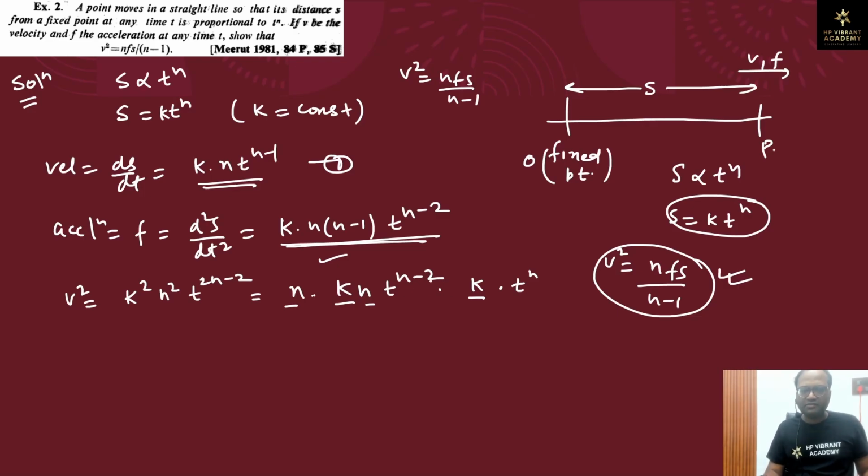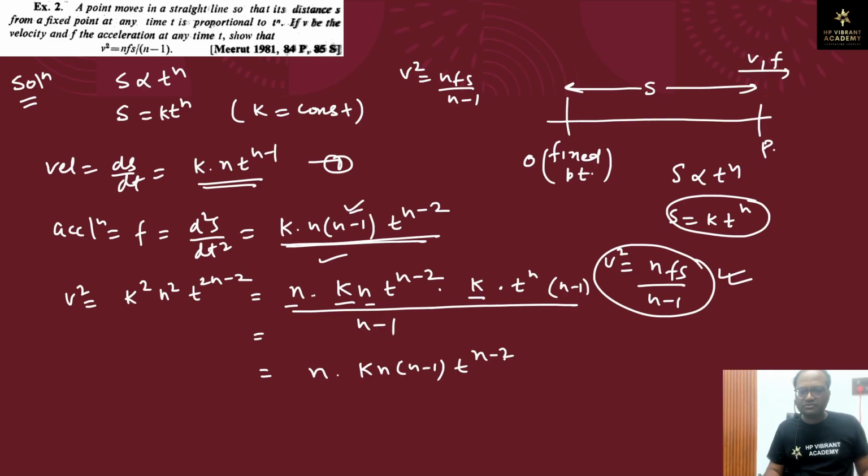So t to the power n minus 2 and t to the power n, this is 2n minus 2. Now we have this term as n minus 1. So let us multiply in the numerator with n minus 1 and divide by n minus 1. Let us rearrange this. So we have n into this is k times n. Let us put n minus 1 here. So n into n minus 1 into t to the power n minus 2. This is f.